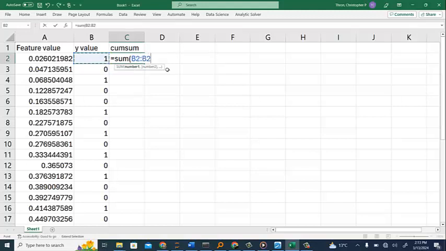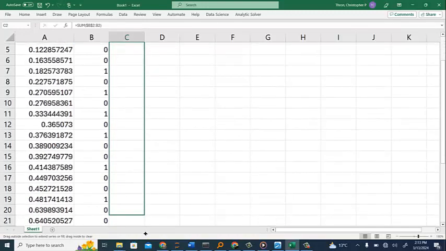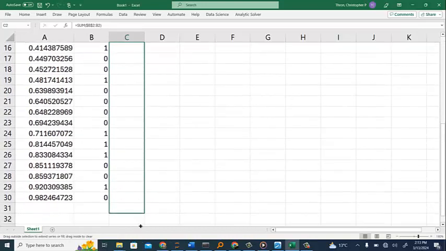Then I want to take the sum up to B2, but then when I do a fill down, you will see it will sum up to the current value.